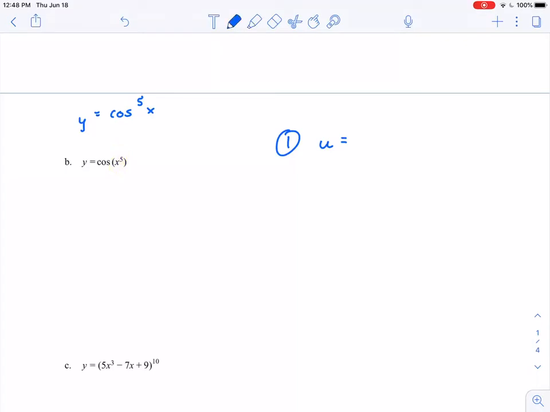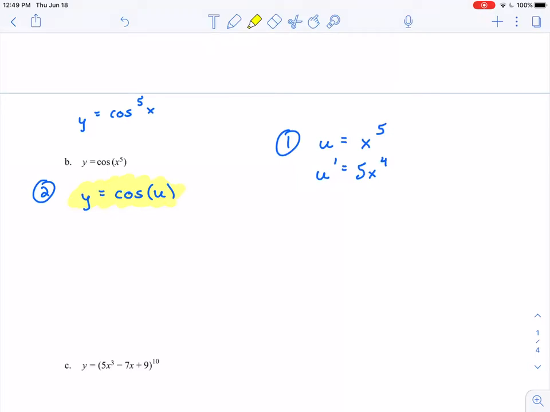So I'm going to pick u to be x to the fifth. And right underneath it, let's find u prime. I know we're going to need it. That's 5x to the fourth. All right, so I have my u prime. My second step then is to rewrite this expression in terms of u. So y equals cosine of u. And ask yourself at this point, do you know how to take the derivative of this function?